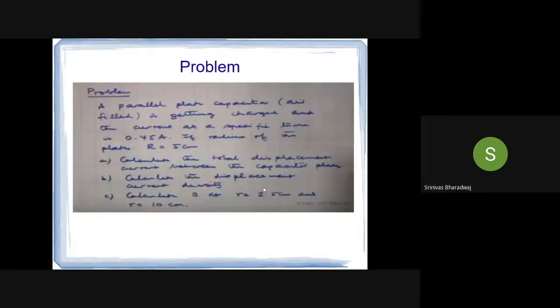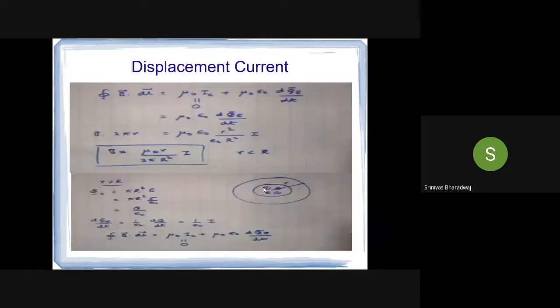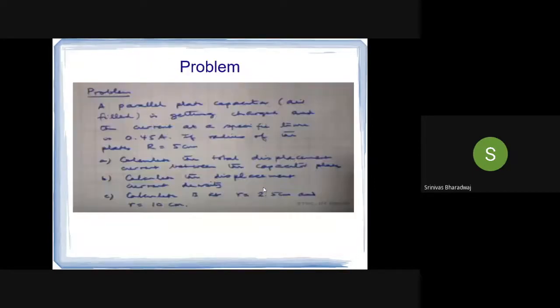And then you have to calculate the displacement current density. So you first calculate the displacement current using B dot dl equals mu naught epsilon naught d phi by dt, and then you include the phi, which is the electric flux. Calculate the displacement current density.